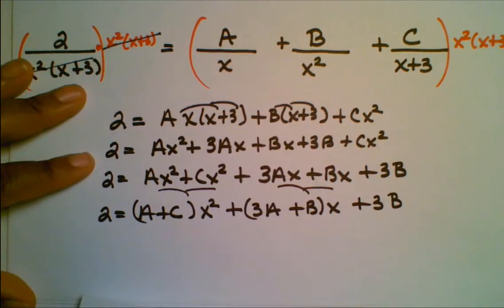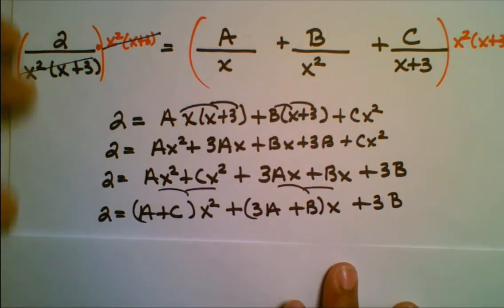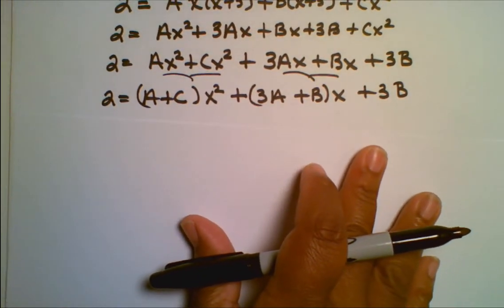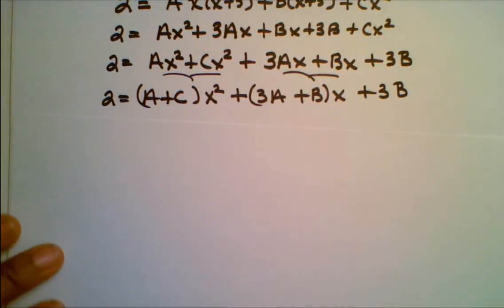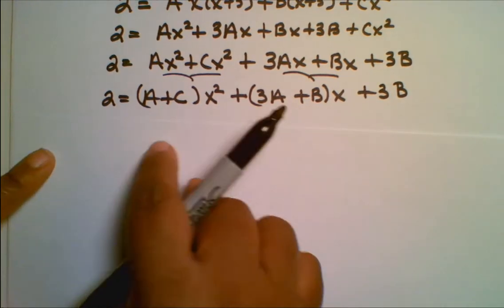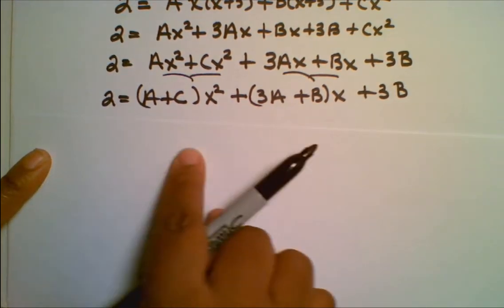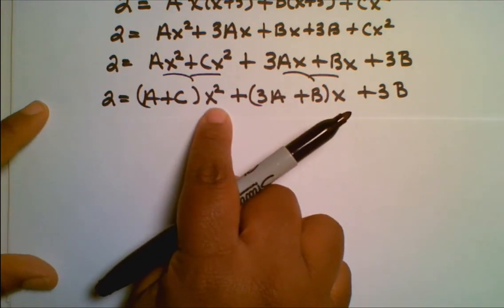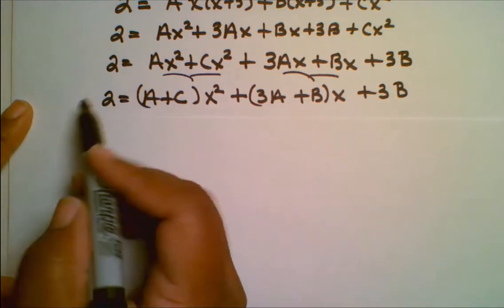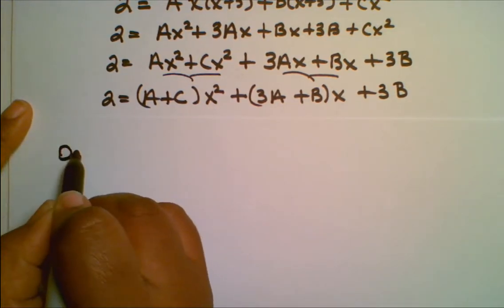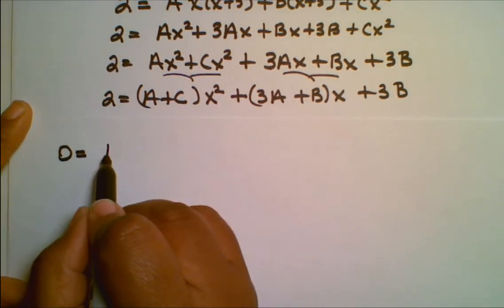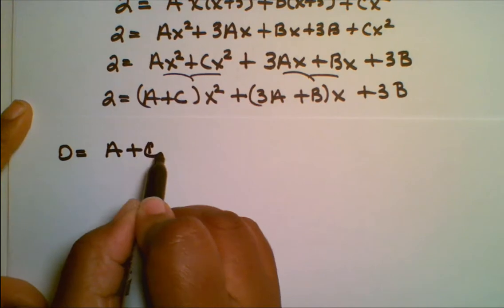So let's set up our system. Our first equation represents the x squared. Do we have an x squared on the left hand side? No. So we say 0 is equal to the coefficients of x squared: a plus c.